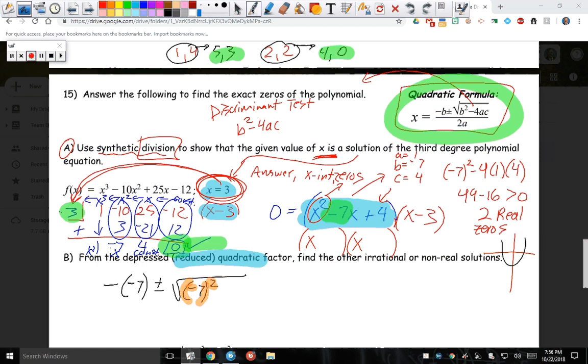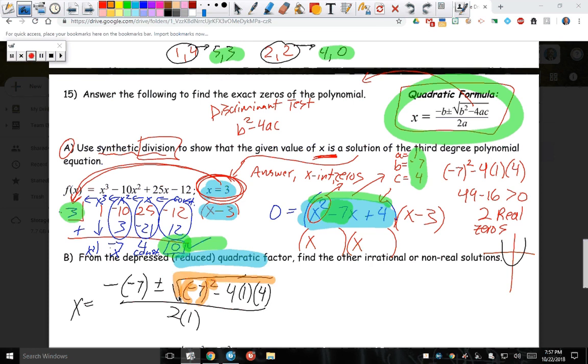So b squared minus 4a and c was 4, all over 2 times a. And again, those a, b, and c pieces that we looked at before were from over here by analyzing this reduced quadratic factor.